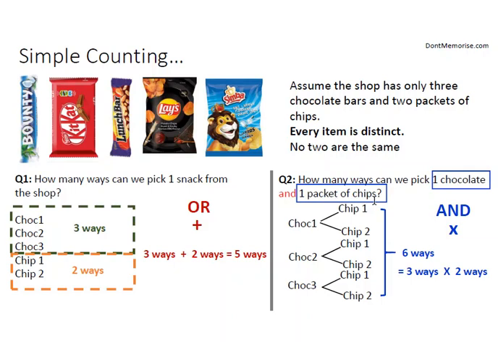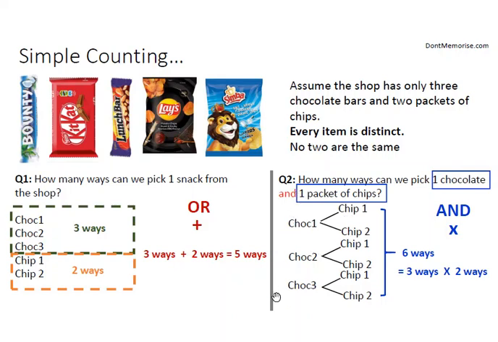So we should use the product principle. There are 3 ways for picking a chocolate and 2 ways for picking chips. So 3 times 2, there are 6 ways to pick one chocolate and one packet of chips. You can see this keyword here.